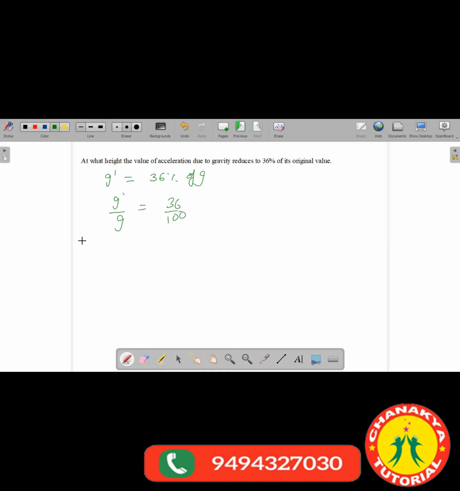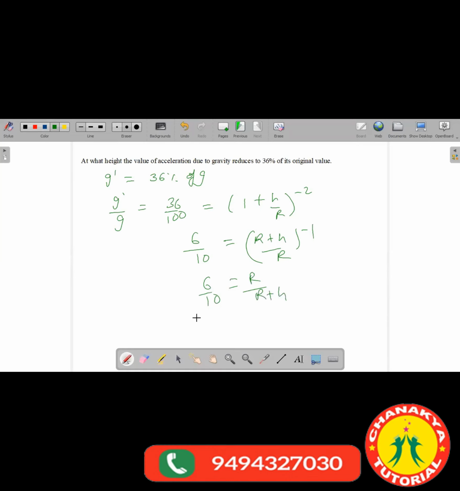So this you take to be equal to (1 plus h over r) to the power minus 2. If you take the square root, you'll get 6 by 10 equals ((r plus h) over r) to the power minus 1. Reciprocate. So 6 by 10 equals r over r plus h.